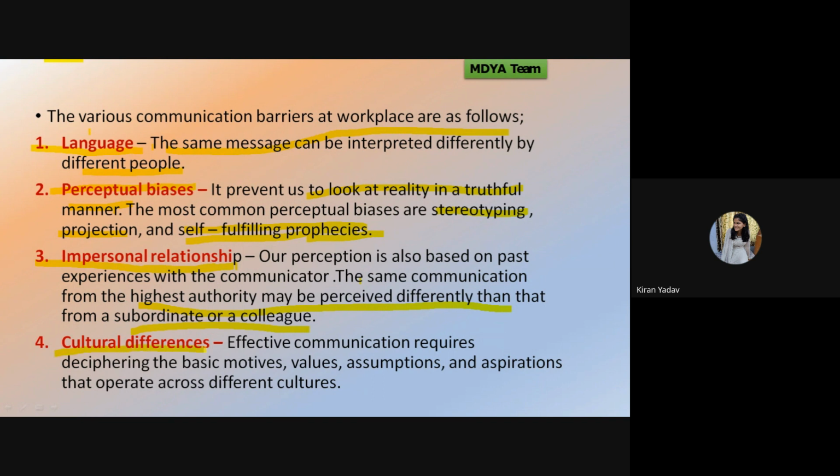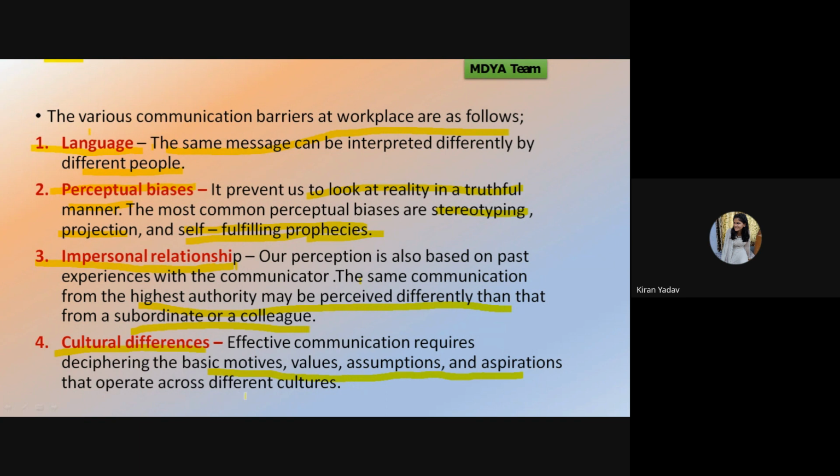Cultural differences. Effective communication requires deciphering the basic motives, values, assumptions, aspirations that operate across different cultures.